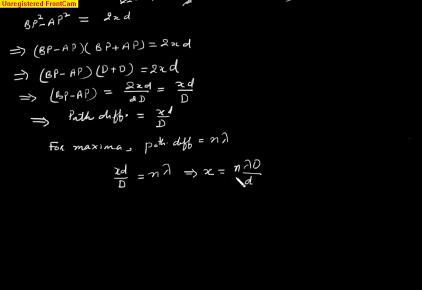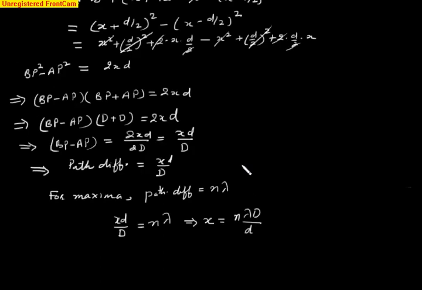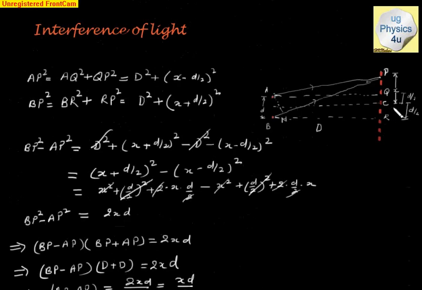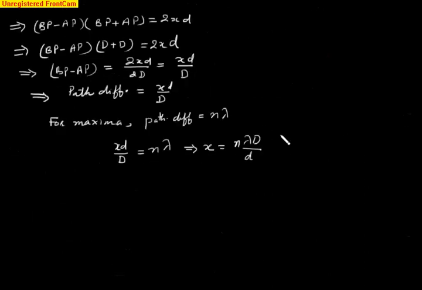So this is the expression which gives us the position of maxima from the center, because x is this, and whatever the point P is for maxima, that will depend upon these parameters, where n is the number of maxima, which can be given by 0, 1, 2 and so on.